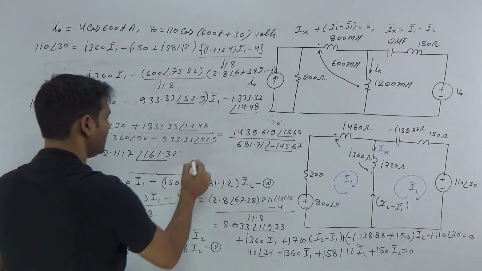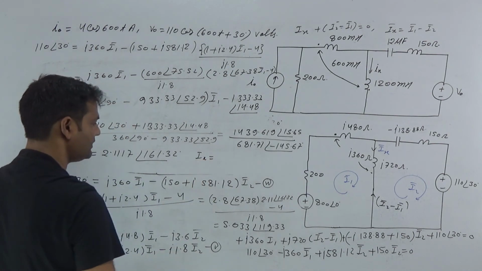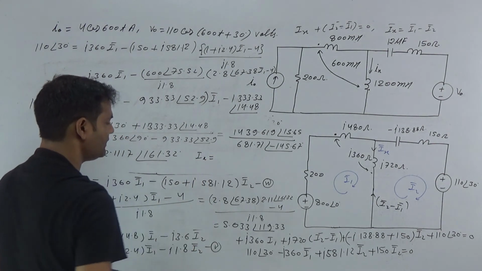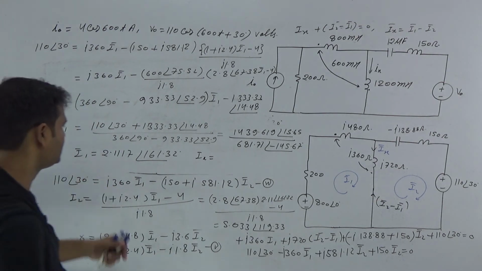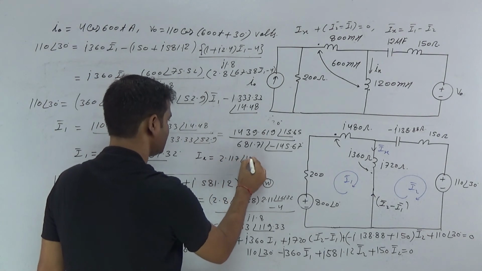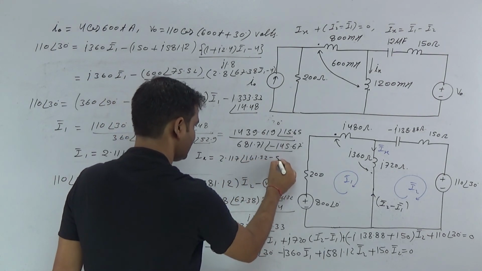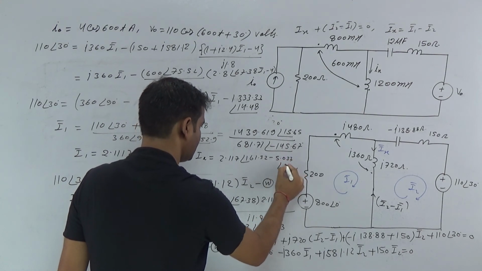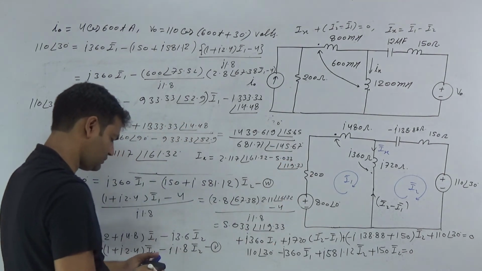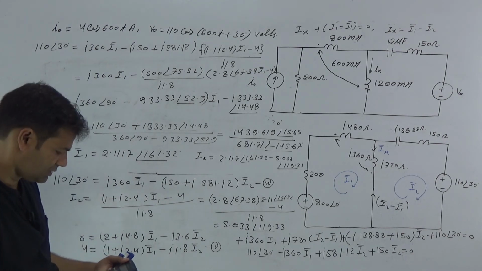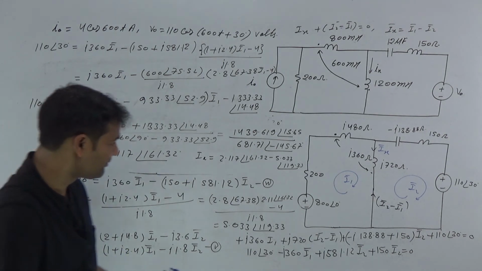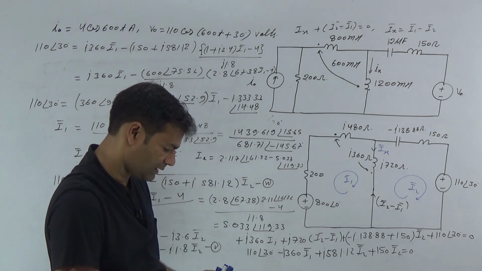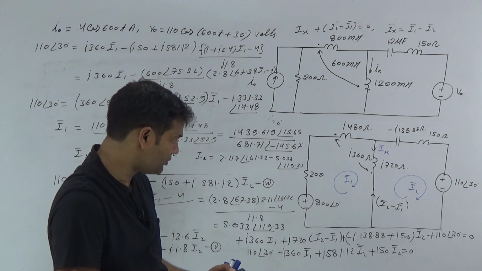Okay, so finally Ix is equal to I1 minus I2. What about I1? I1 we got is 2.117 at the angle 161.32, minus 5.033 at the angle 119.33.